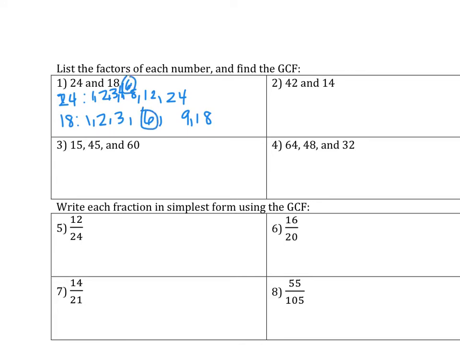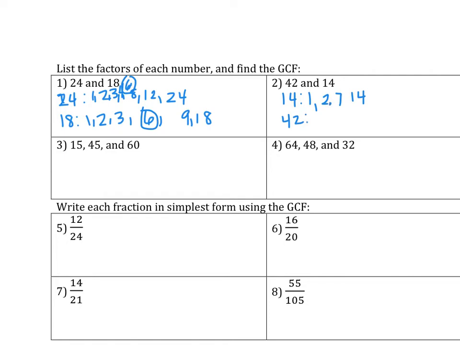Let's do another one. Let's do number 2. We'll take 14 and 42. So the factors of 14 are going to be 1 and 14, and 2 and 7. 42, there's quite a few of those.